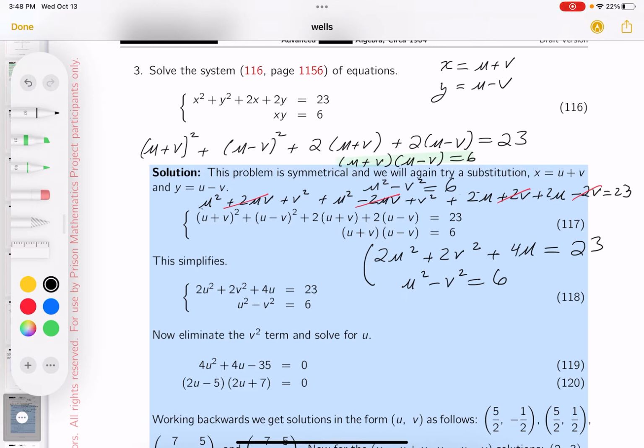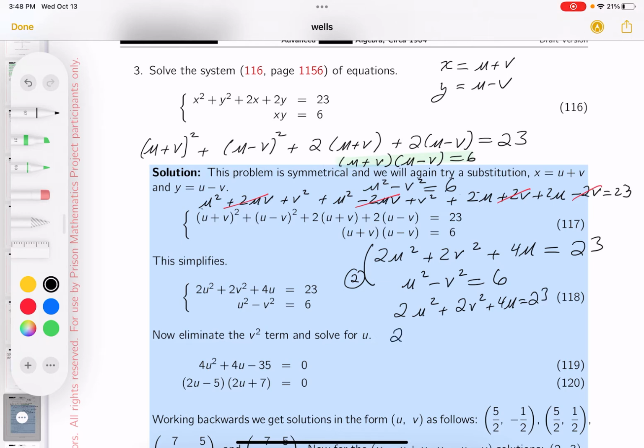I'm going to multiply the second equation by 2. Let me put that down for you. And this is why I'm doing that. I don't know, it looks like I could get rid of something. So you get 2u squared, and I'll be careful with my u's and v's, by the way, 2v squared plus 4u is equal to 23. And what do you get here?